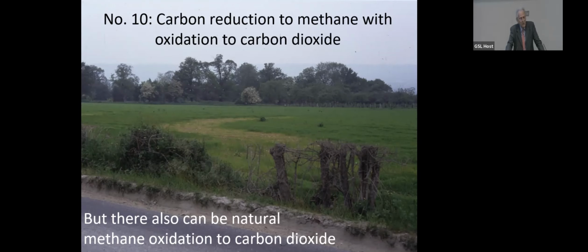That little picture of a field and a hedge looking rather sad is not just because something's a little bit toxic there. It's because methane is leaking through fissures in chalk underneath from a landfill about 500 meters away, and it's coming up under the road and coming up into the crop and asphyxiating the roots of the crop. They need a bit of oxygen too, and asphyxiating the roots of the hedge.